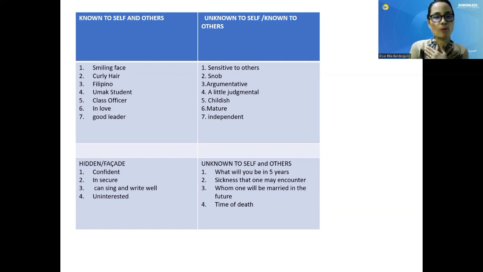Pwede rin namang ang façade niya, can sing and write well, etc. Pero yun pala, may pinagtatakpan siya sa ganung klaseng impression, ano. And there's also yung pagiging uninterested. Pwede halimbawa si lumiligaw, hindi siya interesado, nagpapakipot, pero ano noon, attracted siya. So, pasad, kunyari.